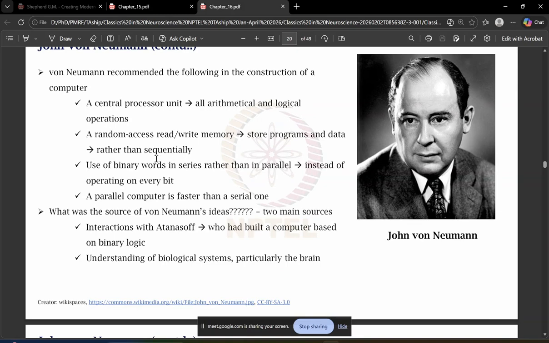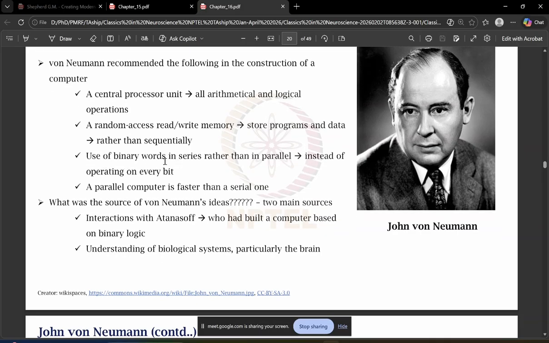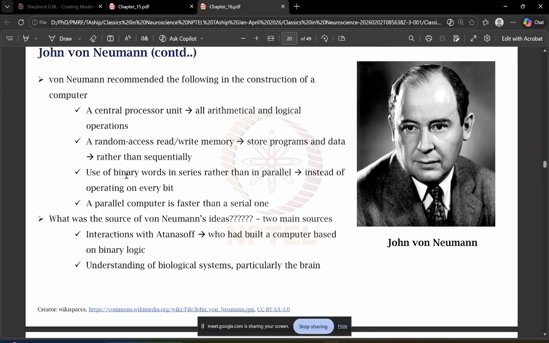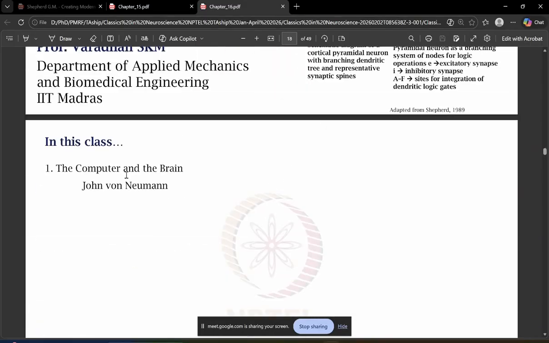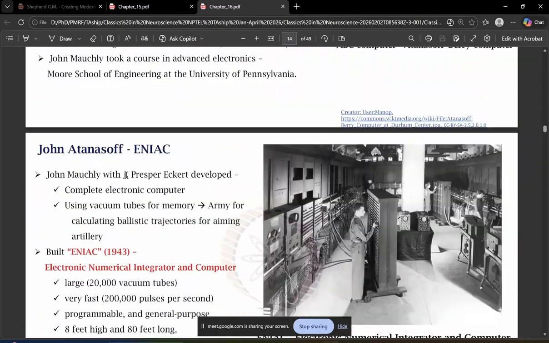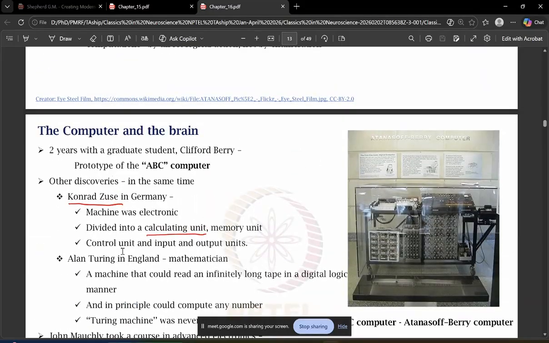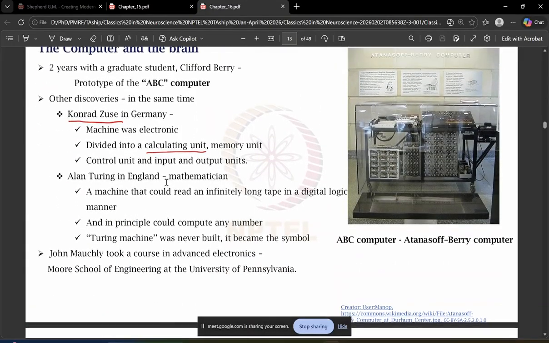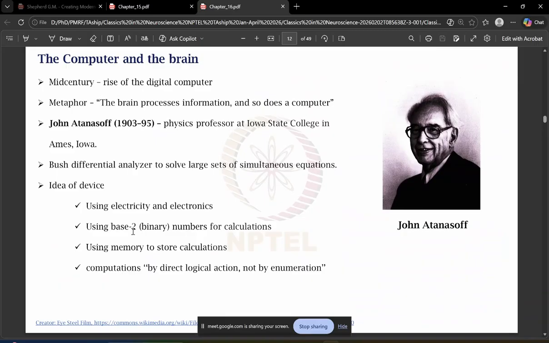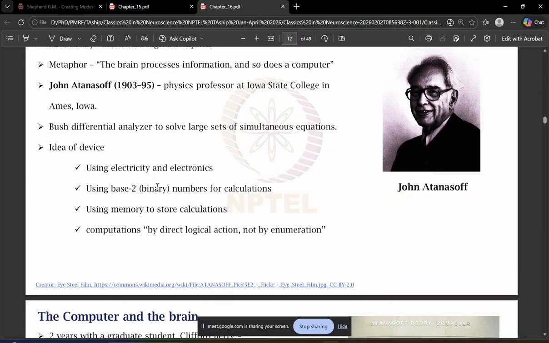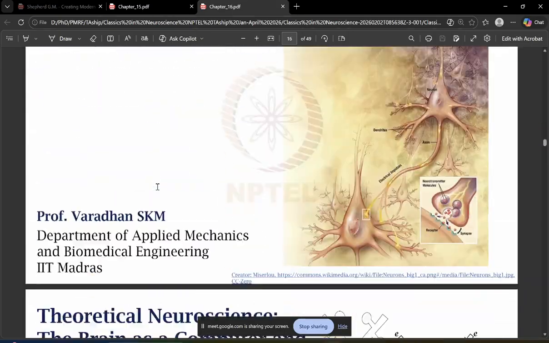And also the use of binary. So we remember we discussed that John Atanasoff was the one who was thinking that it was a good idea to use binary or base 2 numbers for calculations, right? This was John Atanasoff's idea that binary or base 2 numbers should be used.